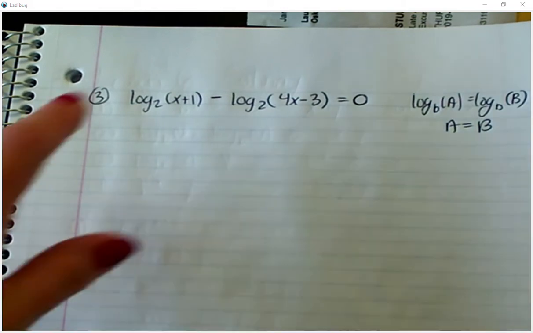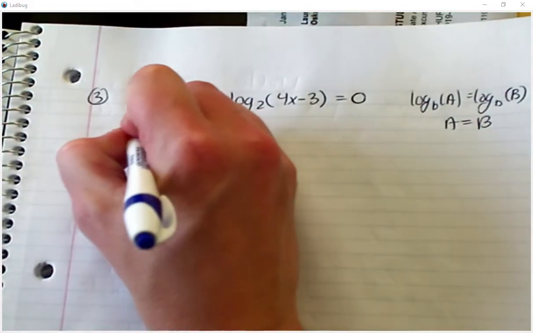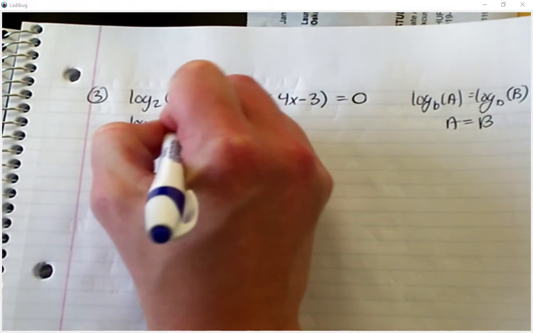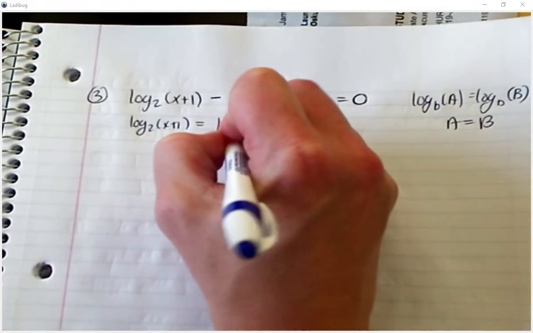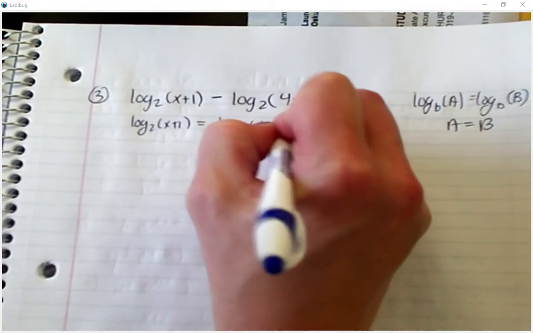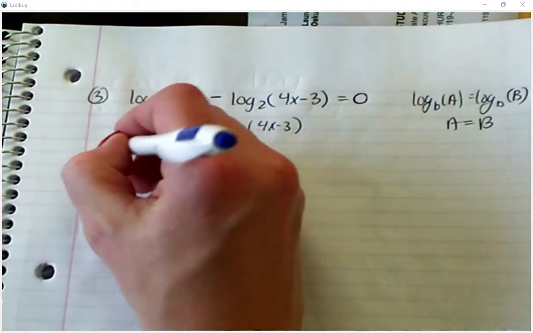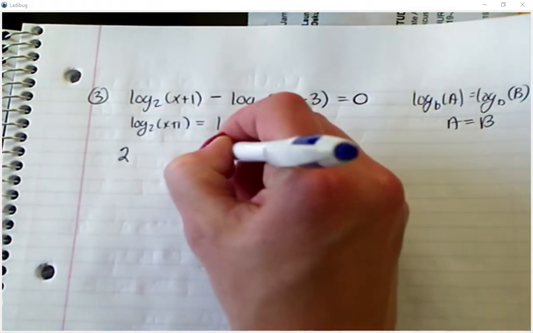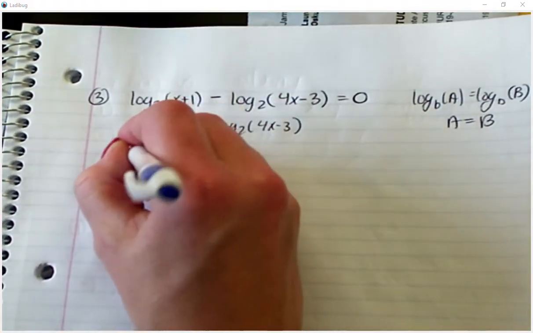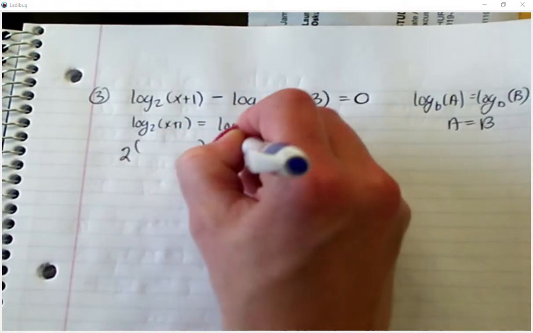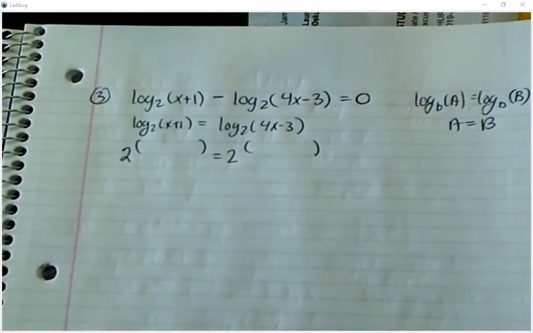Well, can I move this log to the other side in order to have corresponding parts of logs? Yes. Notice they're both positive. It's important not to have anything extra. Now, the property, it's called exponentiation. And so I'm going to write the base down, and I'm going to leave a spot to write in the exponent.